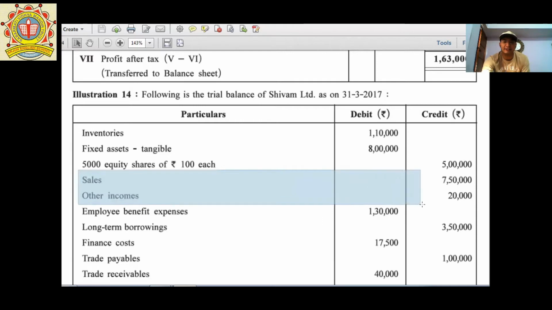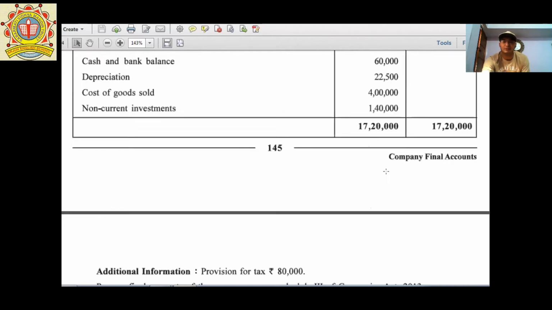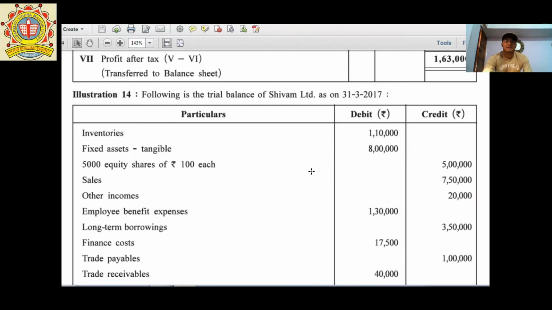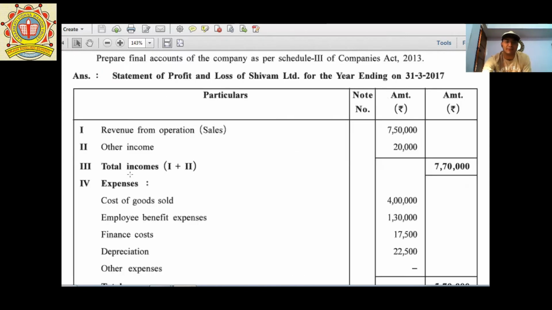So sales and other income are both part of the P&L account, for 7,50,000 and 20,000. Got it? Then employee benefit expense. Again, employee benefit expense is a part of the statement of P&L account, but it is the expense part. So now I am presenting the employee benefit expense in the statement of P&L account.